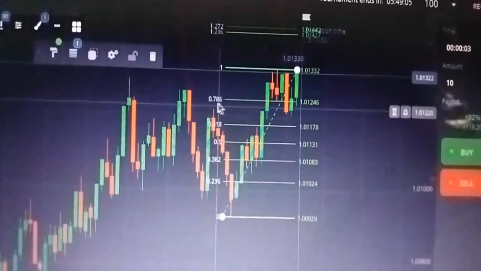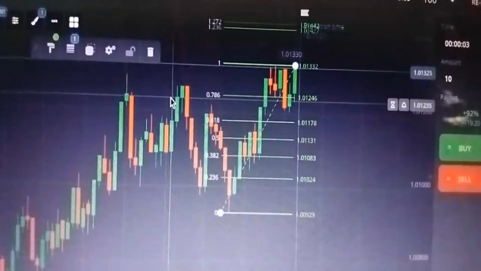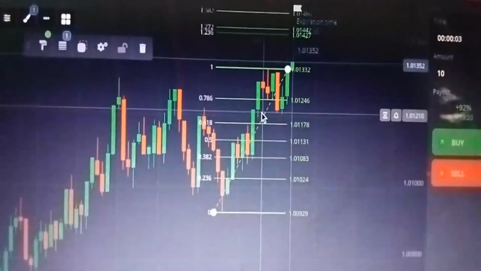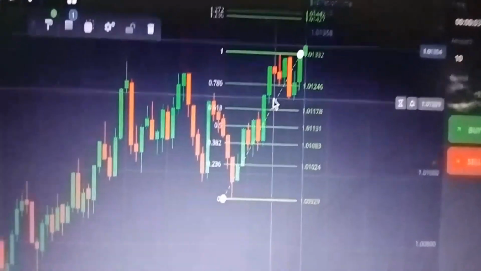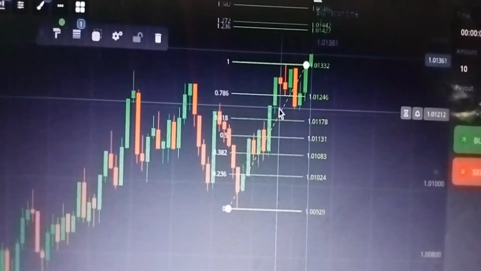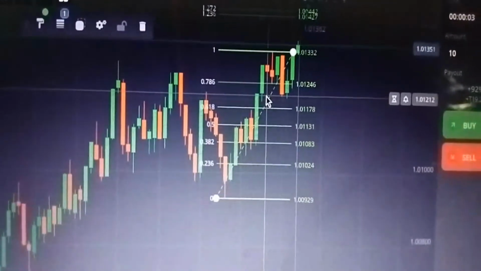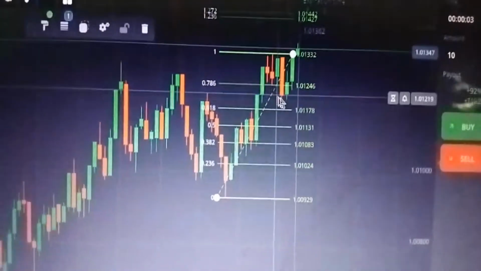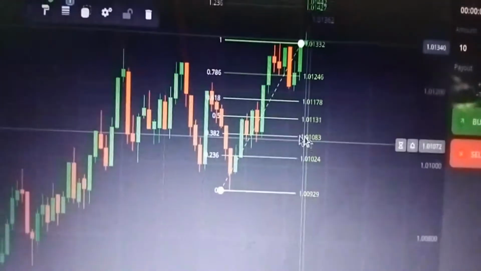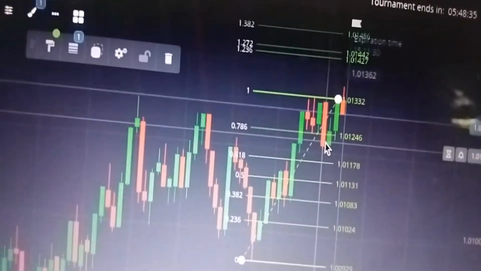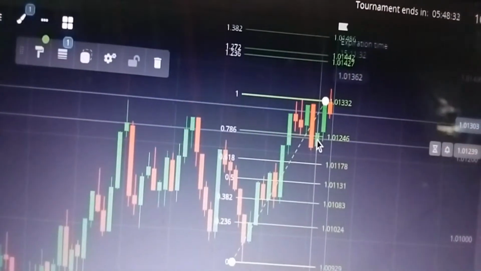Responsible for breaking this, then this, then this one. So you can see price reacted off of that one. It didn't even have a chance to come down to this discount area. It is now basing, supporting the premium area, buying at the premium area. That's not a good thing at all.